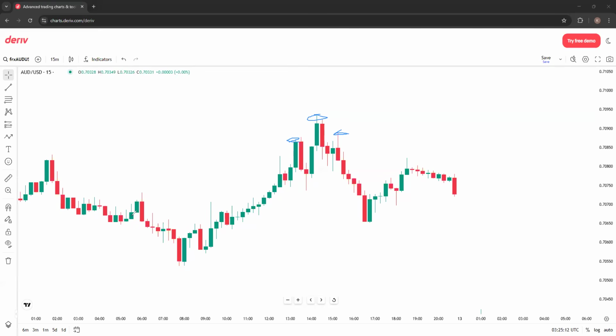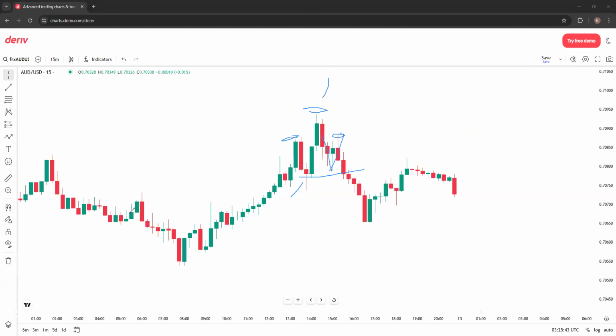And the whole reason for me marking this is when we had our left shoulder, remember, we left a low here. We then came and gave us a head. When we gave that head, we failed to break this low, which is acting as our neckline, and then price gave us a right shoulder, which failed to break this head.